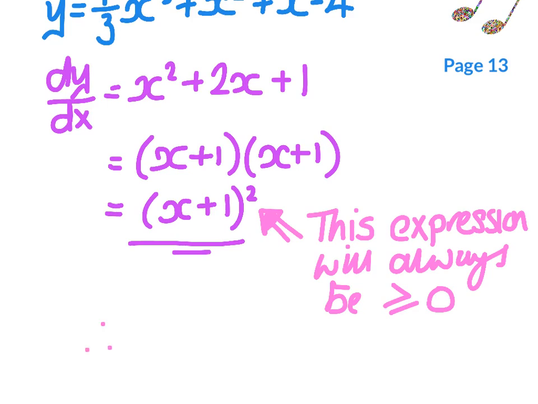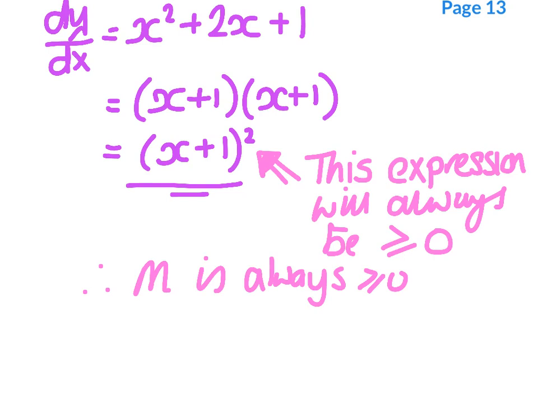Therefore, the gradient is always greater than or equal to 0. And if the gradient is always greater than or equal to 0, that means the curve is never decreasing.